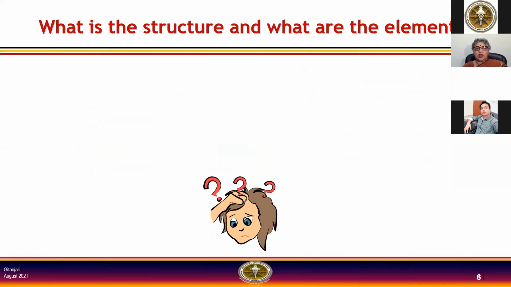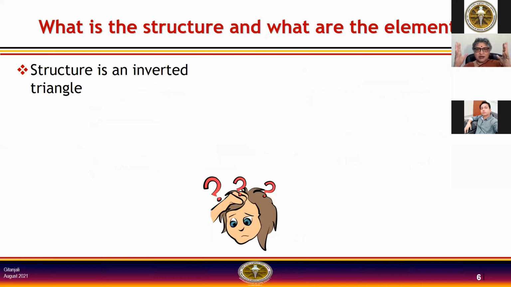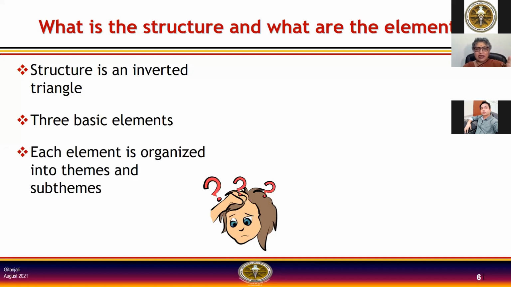So right now, I'll come to what is the structure and what are the elements. The structure of the review of literature is also an inverted triangle, just the way I described last time about the introduction. It is an inverted triangle or funneling down, whatever you want to call it. It has three basic elements, and each element is further organized into themes and subthemes.